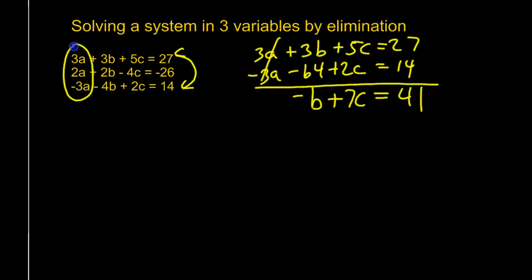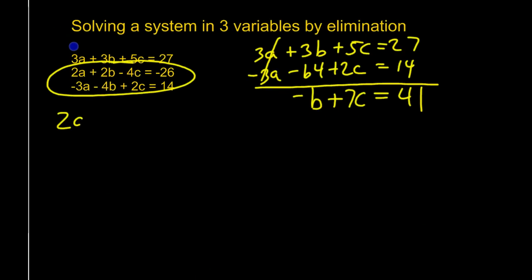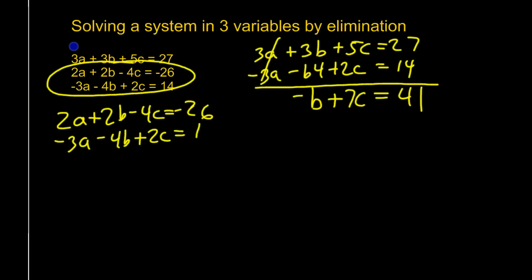So now we have an equation in two variables, and so you may be seeing where this is going. We're going to take a three-variable system and rewrite it in two variables. So now if we take our bottom pair of equations, 2a plus 2b minus 4c equals negative 26, and negative 3a minus 4b plus 2c equals 14, I need to make this into a two-variable equation.